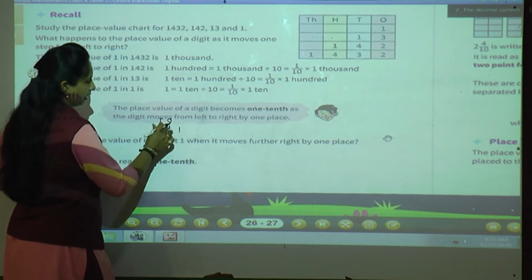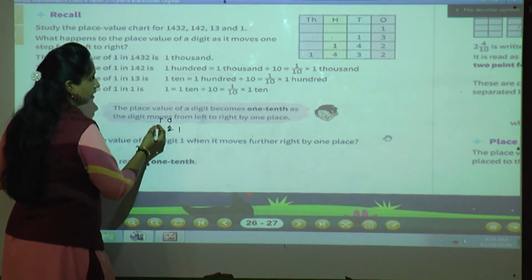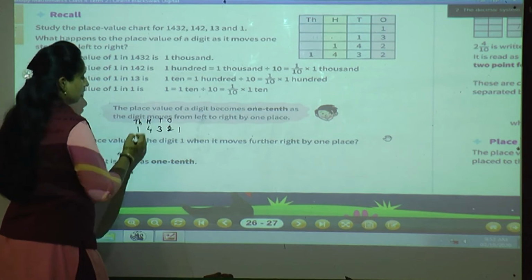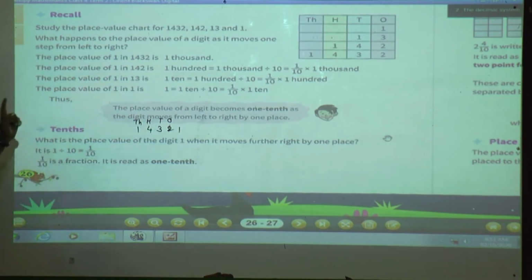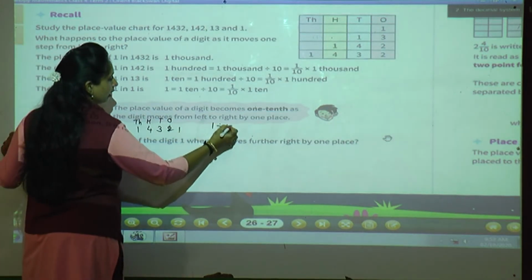I will take the last example, a place value example: 2, 3, 4, 1, 100,000. Now suppose after ones there is one more digit, that is 1. So what is the place value of that number? We will do 1 divided by 10.